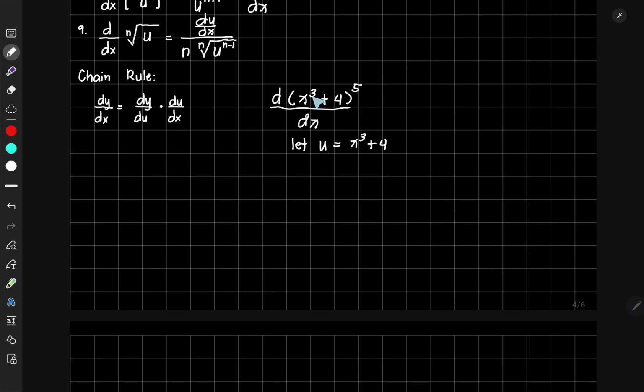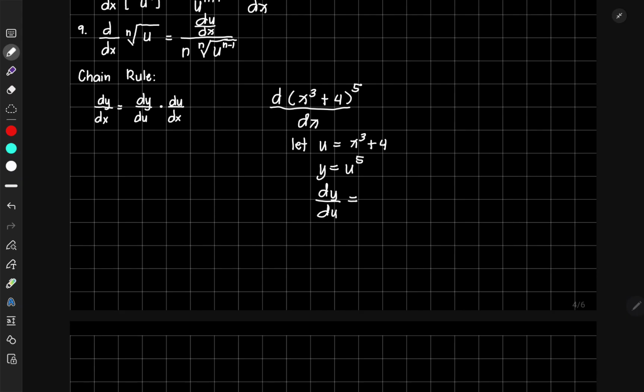So, substituting yung x cube plus 4 with u, so yung y natin would be equal to u raised to 5. Una, you have to get yung derivative of y with respect to u. So, ito siya. Kunin natin yung derivative ng y is equal to u raised to 5. So, that is dy over du.